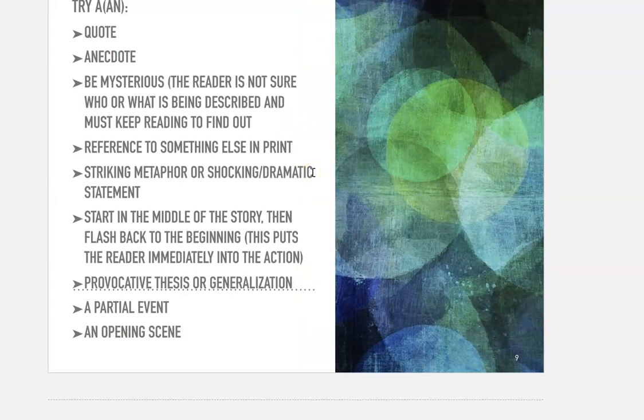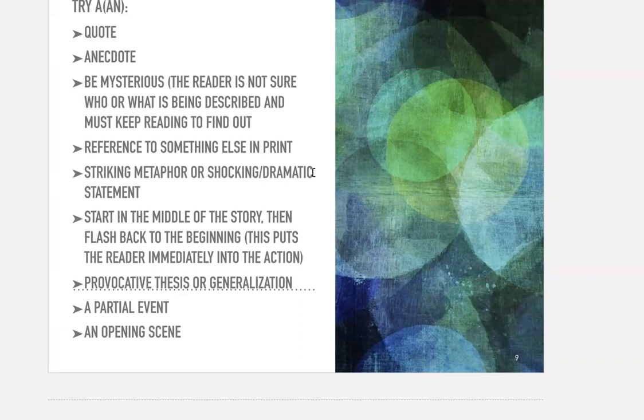There are many things that you can do to make an exemplary beginning. You can begin with a quote. You want to make sure that you don't overuse quotes in general, but that's always a good way to start. An anecdote, a brief intro to a personal story, to help your reader make a connection. Be mysterious. Keep them guessing until they find out later on in the piece what it is that you're talking about.